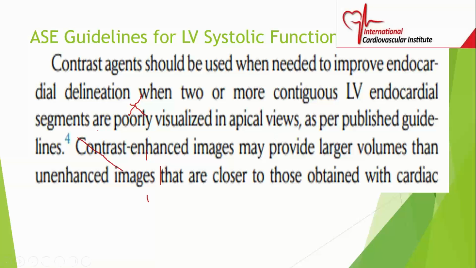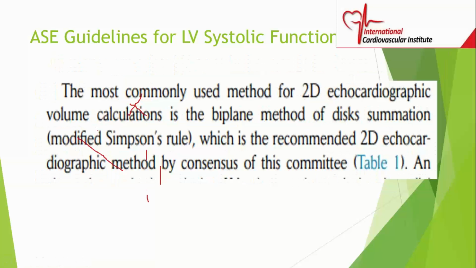So this is exactly what they're going to ask you. What is the indication? When you need to improve the endocardial delineation when two or more contiguous LV endocardial segments are poorly visualized, then you use your contrast. Okay? And contrast enhanced images may provide larger volumes than the unenhanced volumes.